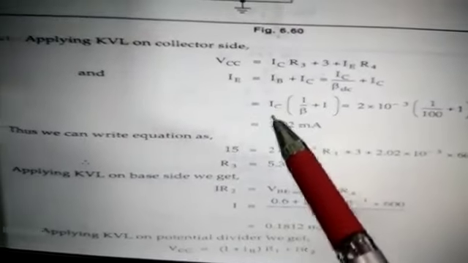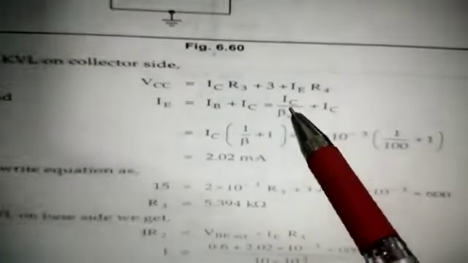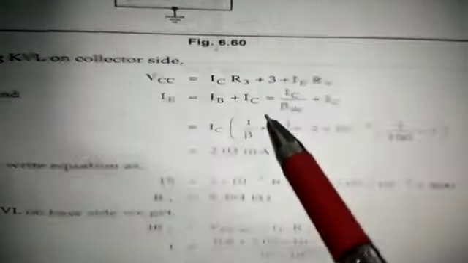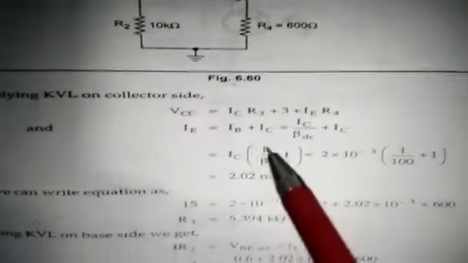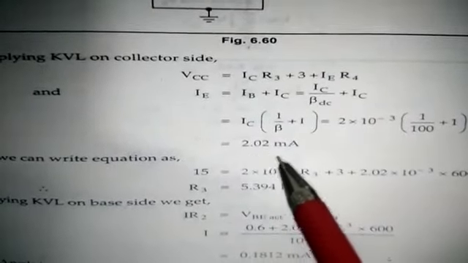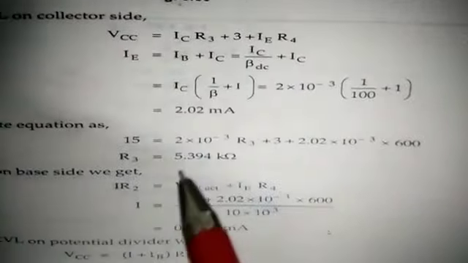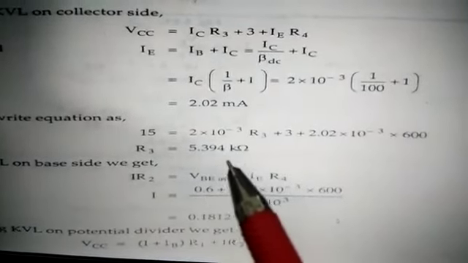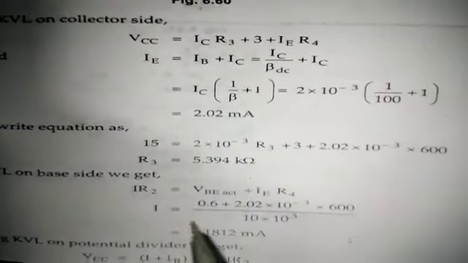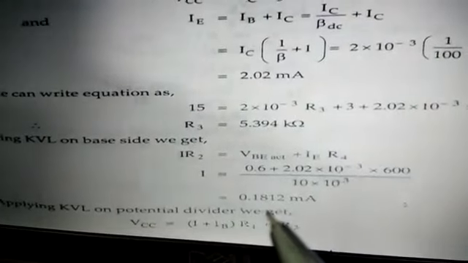Simply write the KVL at the collector side. You will get VCC is equal to IC R3 plus 3 plus IE R4. So you will get the value of IE as 2.02 milliampere. Thus we can write the equation at the collector loop, and you will find R3 is equal to 5.394 kilo ohm. Similarly, applying KVL on the base side, we get I into R2, so we will get the value of I as 0.18182 milliampere.